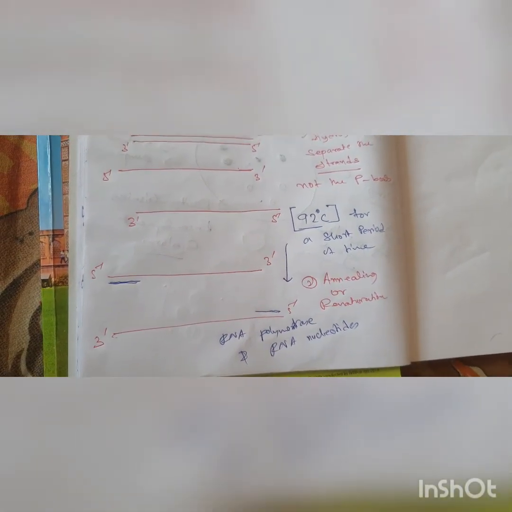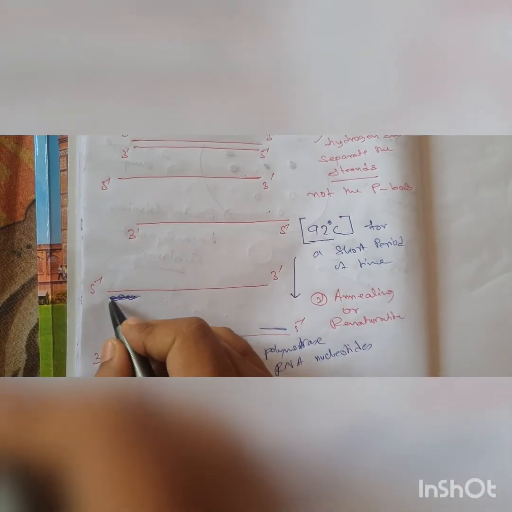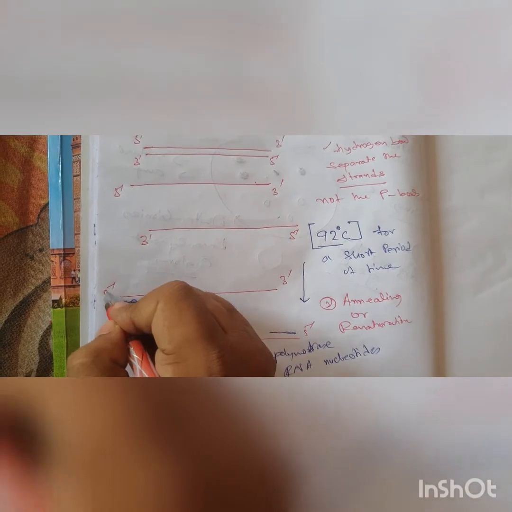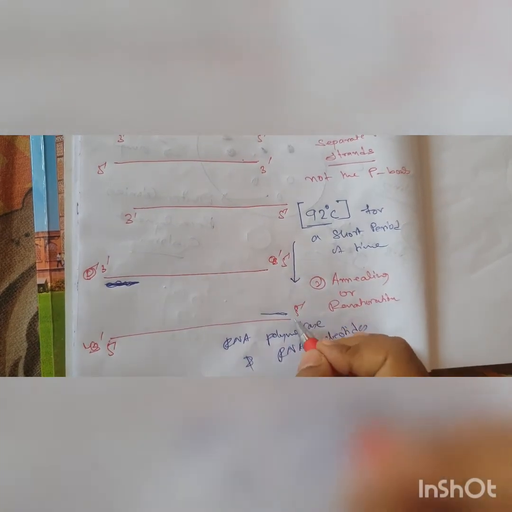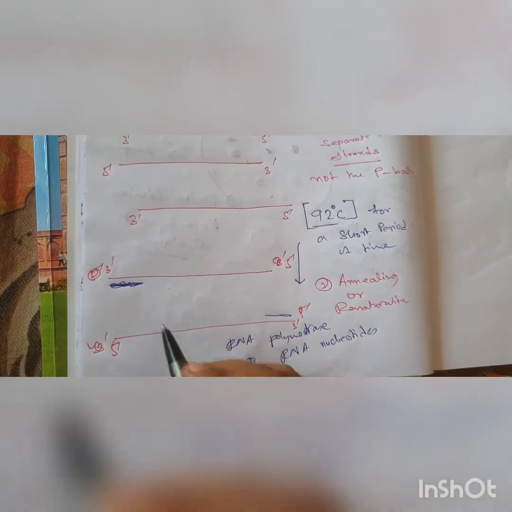Okay. Sorry, I'm so sorry. I'll just reverse this. 3 prime to 5 prime, 5 prime to 3 prime. Now you see, just reverse it. It's not a big deal.